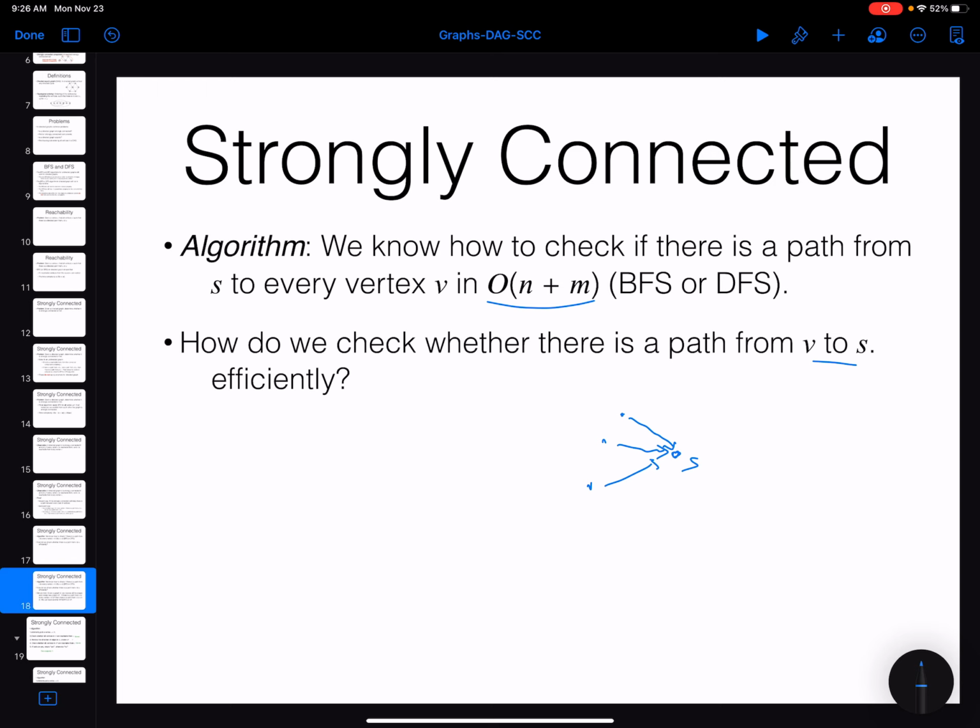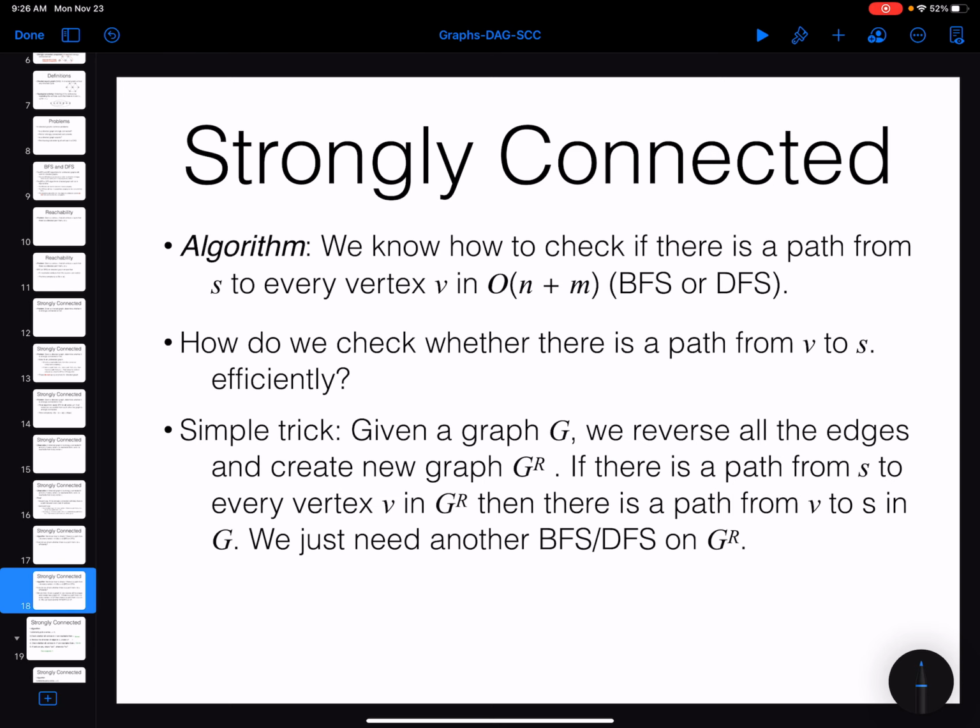So you can solve the problem using only two BFS or DFS runs. The total time complexity is going to be O of n plus m. First, run a BFS or DFS from S. It takes O of n plus m. Then create the reverse graph.